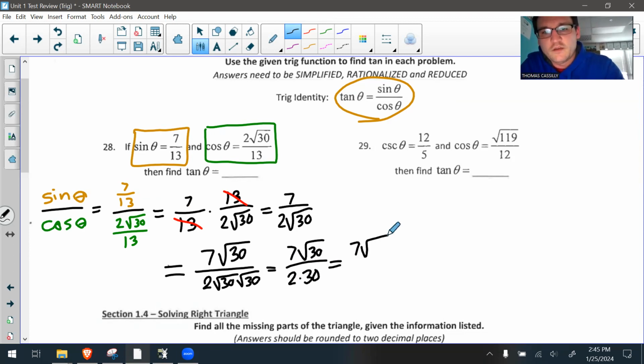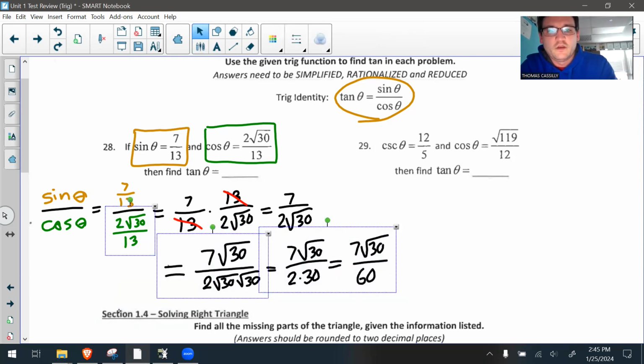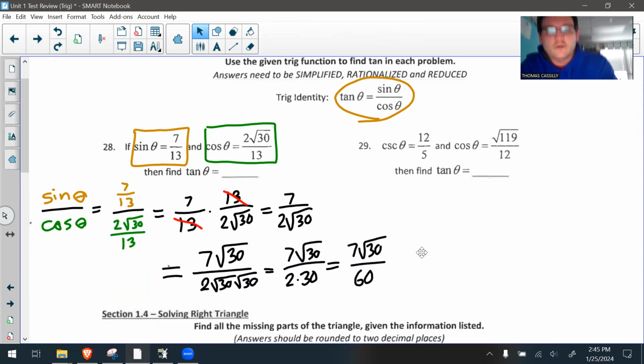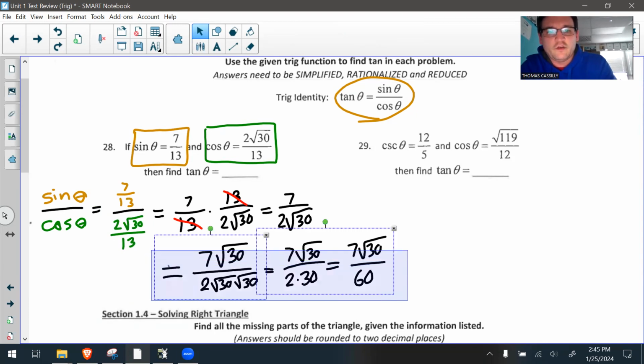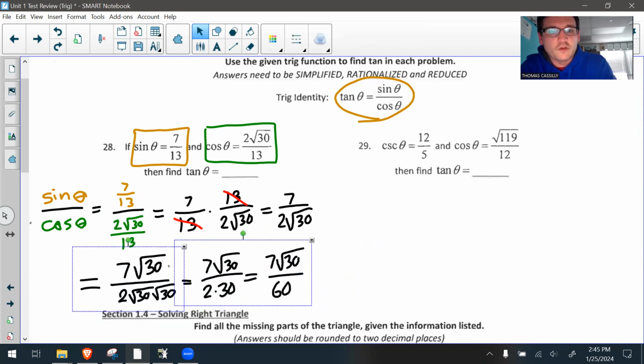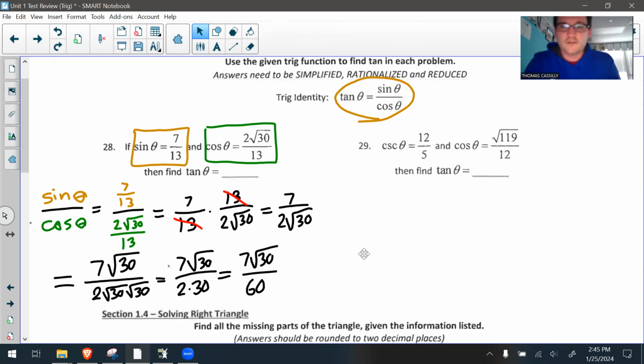So we got 7 square root of 30 all over 60. That is what your denominator is going to look like here. So your answer on this one is 7 square root of 30 all over 60.